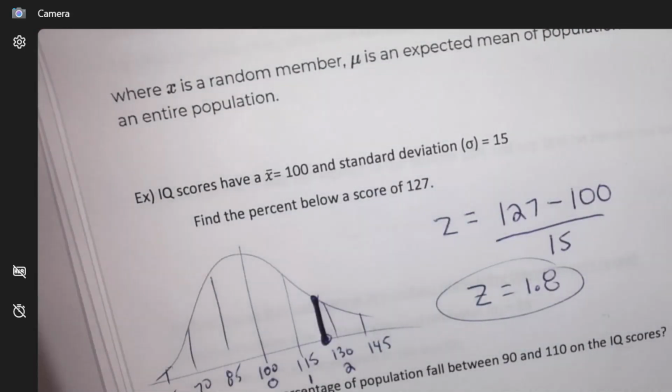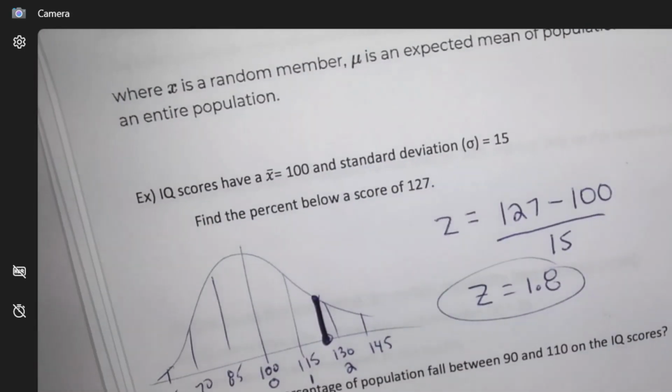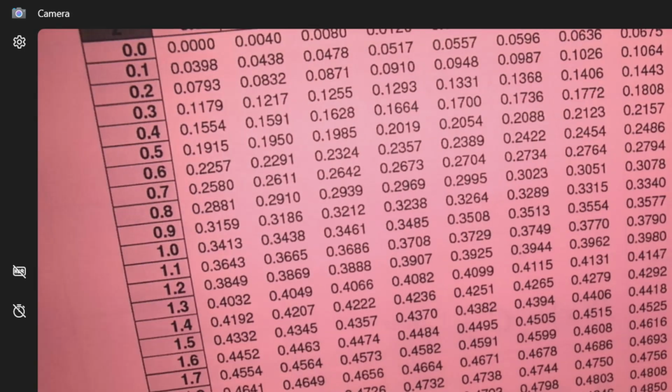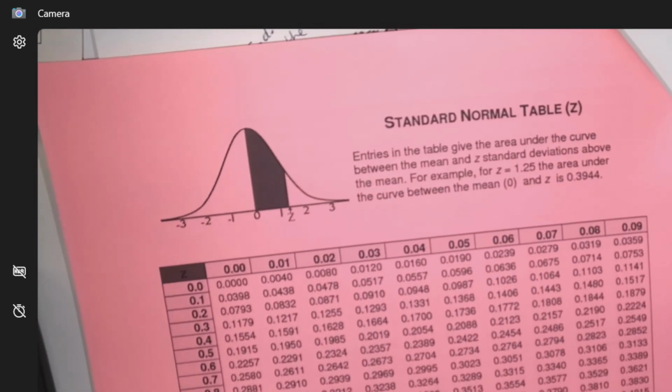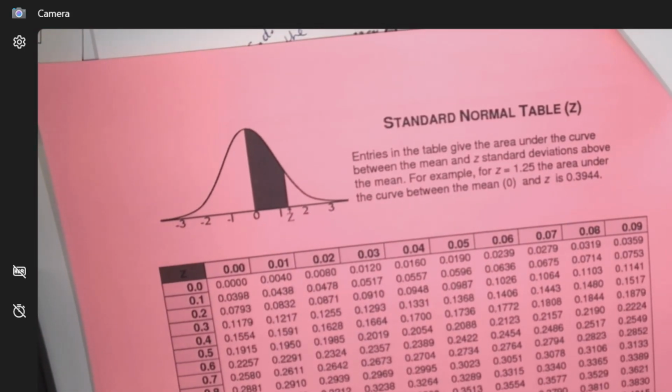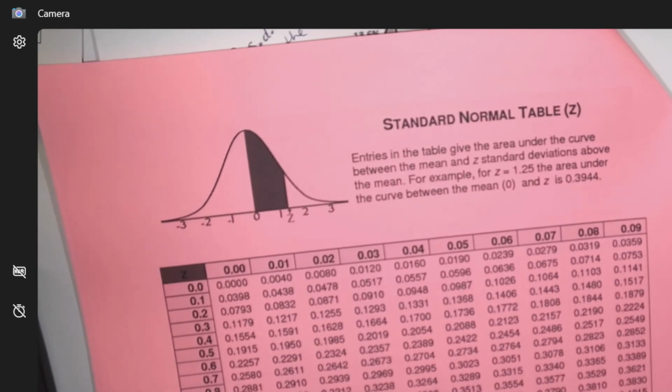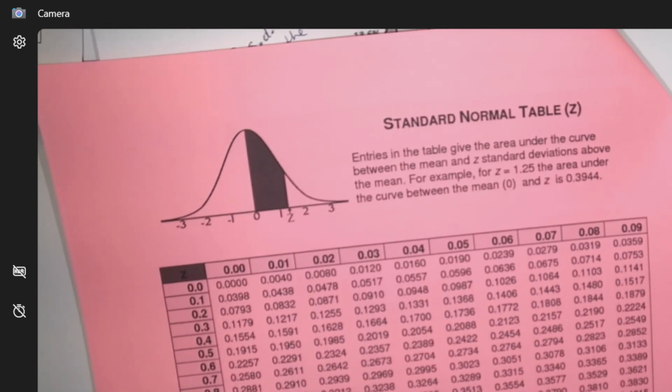All right, this is where the magic happens. I need you to flip the chart. Okay, so this chart tells me, where I am to the middle, this chart tells me the percent between.